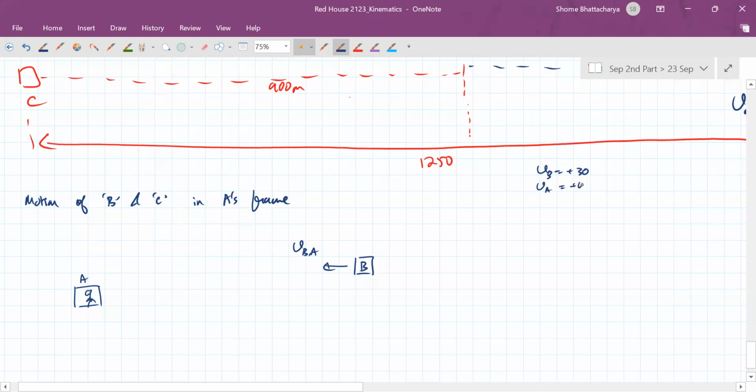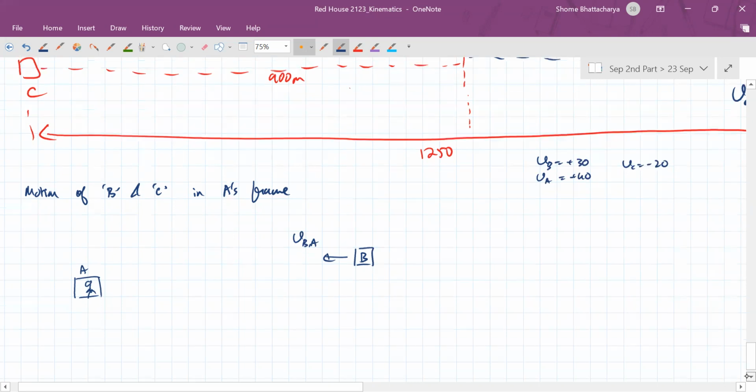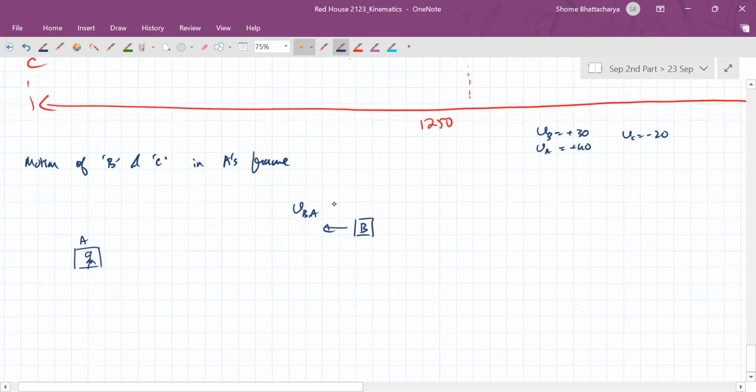VA was plus 40 and VC was minus 20. So the relative velocity you can see is minus 10. I won't put the minus sign here, as I've already shown the direction. So the magnitude of the relative velocity is 10.